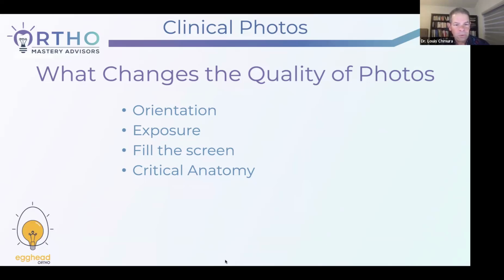Filling the screen is important with the critical anatomy that you want to see. You don't want to take pictures from far away, as I showed you. When you zoom in to the anatomy that you really care about, you don't want to see the background with a sink or a faucet. You want to have something that doesn't show anything, so all you can focus on is the anatomy. And you want to fill that screen with it, because then when you go to crop in, you don't lose the resolution.